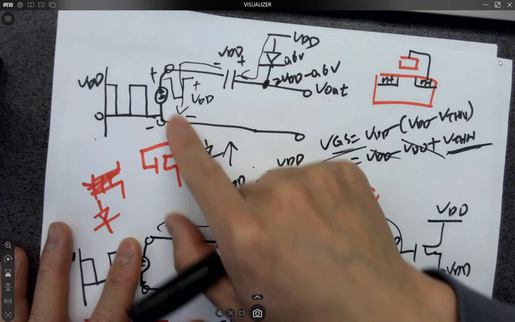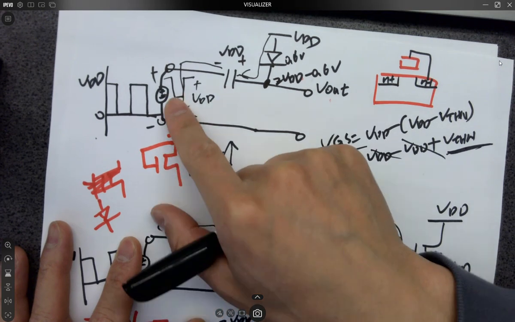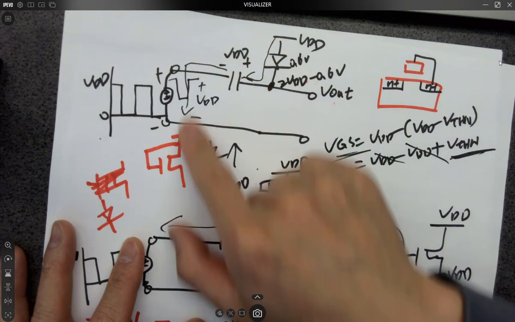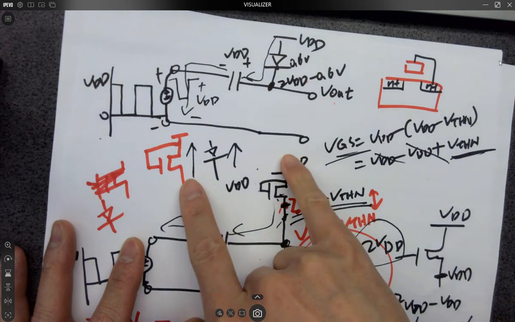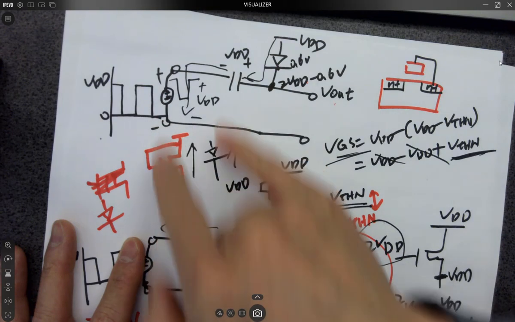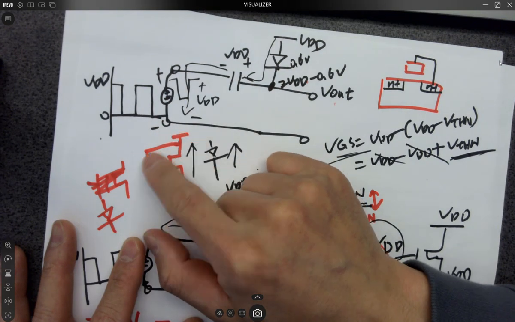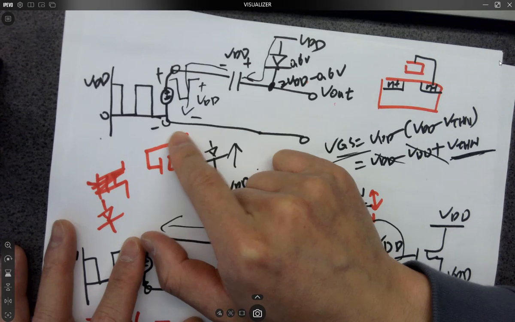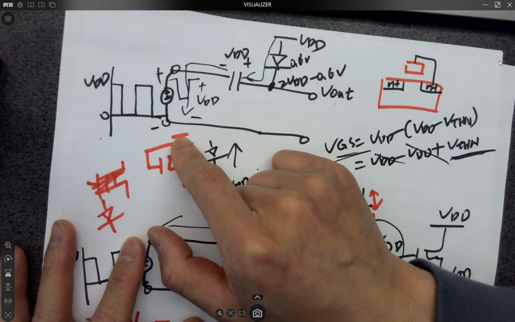I talked about this very briefly on Monday, but I don't expect that you guys can remember. So why is the current not going up? It's really simple because VGS is 0. The gate is shorted, so VGS is 0.